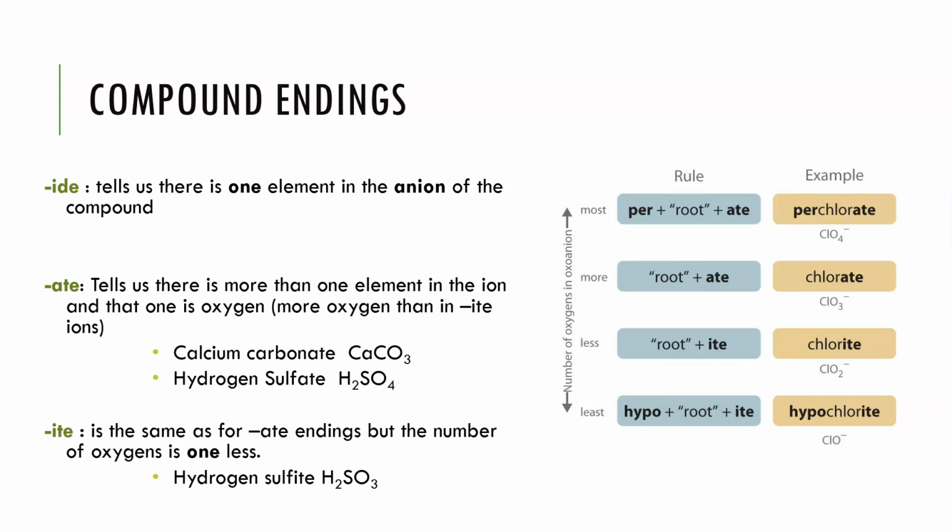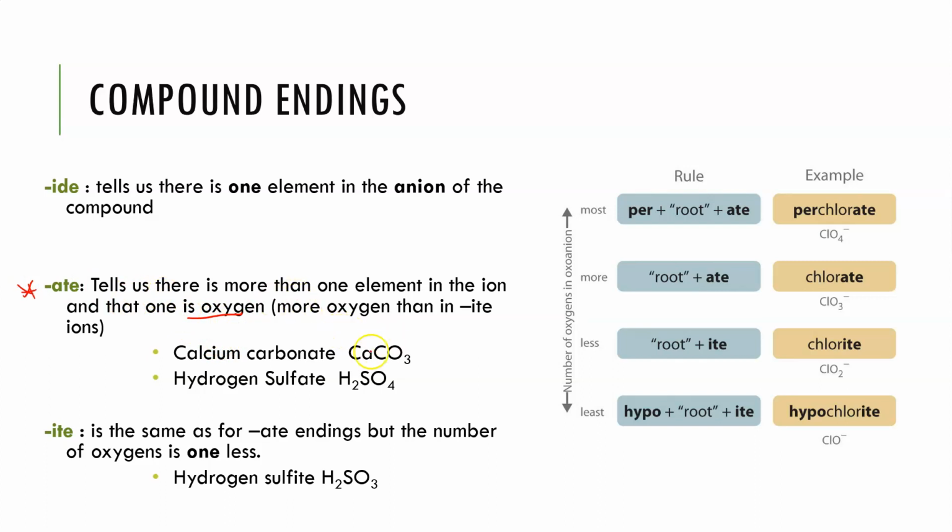The compound endings basically follow this. As we said, -ide is one element, it's only that element. -ate tells us that there is more than one element in it, and one of them is oxygen.